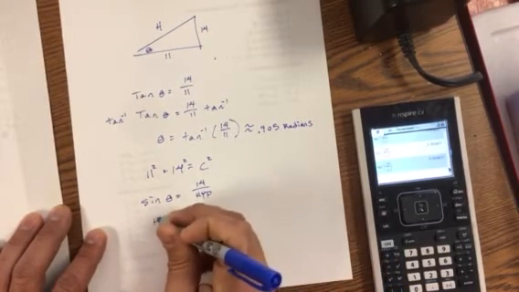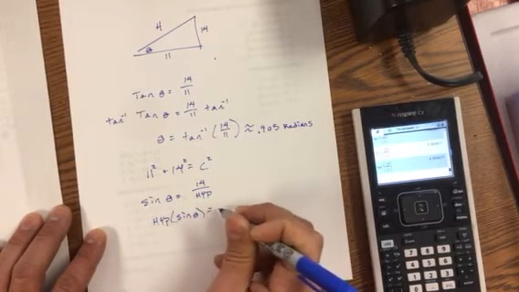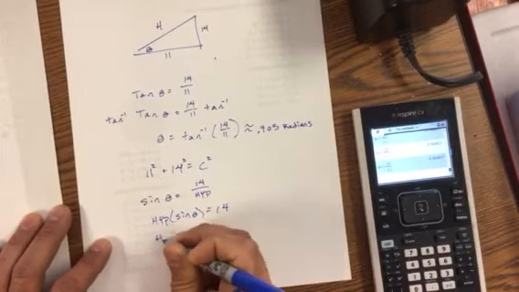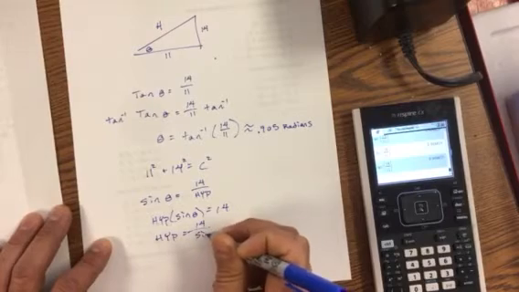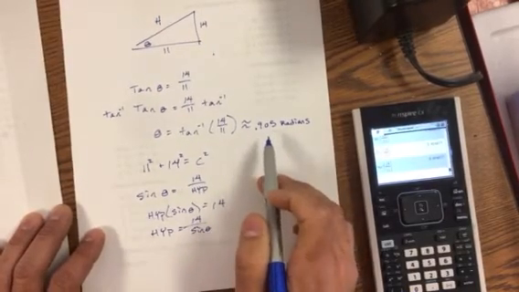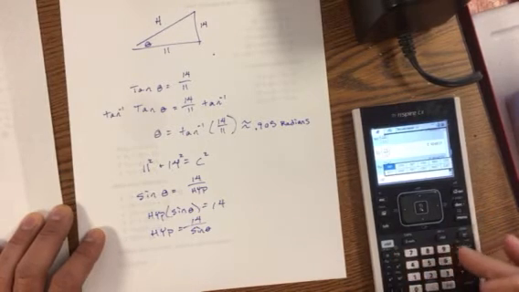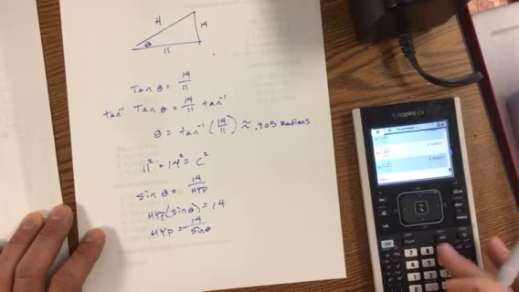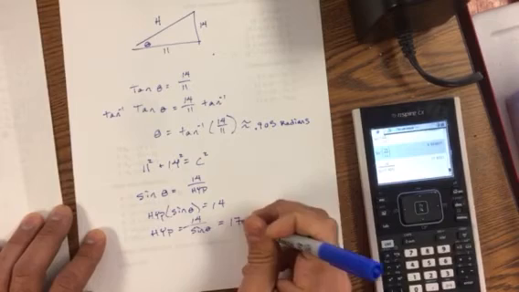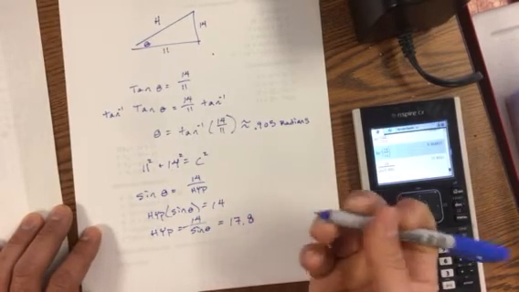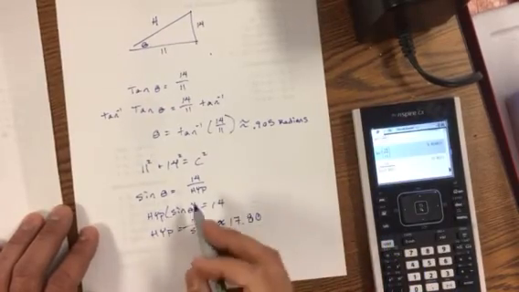So I'm going to multiply by the hypotenuse, and then I'm going to divide by the sine of theta. And I know that my theta is 0.905. So I'm going to go 14 divided by the sine of 0.905, and it tells me 17.8021. So I'm going to go 17.80 approximately. That's the length of the hypotenuse.